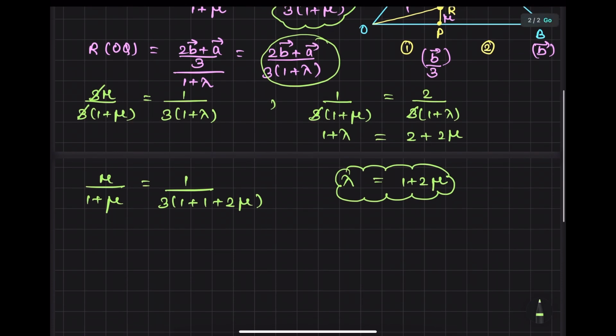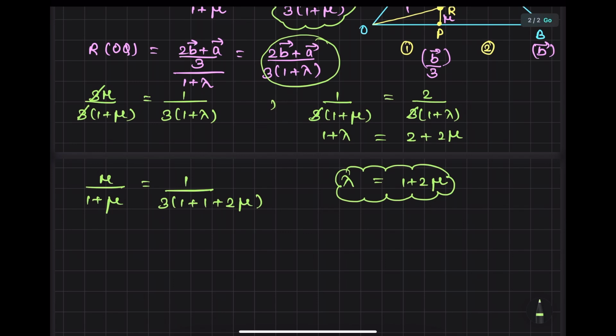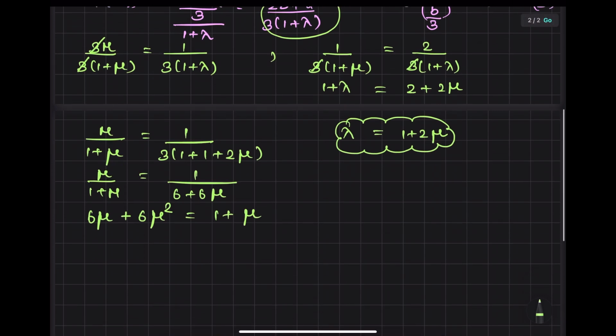Now let's do the simplification. So it will become 1 by 6 plus 6 mu plus 1 plus mu. So we got 6 mu plus 6 mu square equals 1 plus mu. Do the factorization. So it is 6 mu square plus 5 mu minus 1 equals 0. So 6 ones are 6.